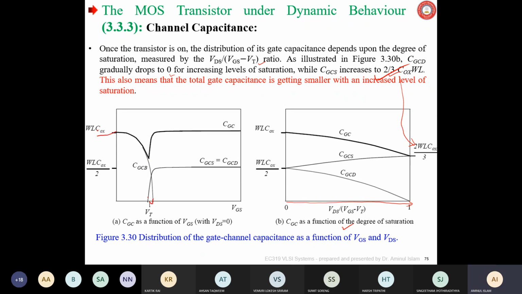This side is the accumulation region, when VGS is negative. Here it is 0; this side is negative. When VGS is 0 or negative, we get the maximum capacitance, that is gate to body capacitance, and then it gradually decreases. After that, when VGS increases, the total capacitance is more or less the same as in the accumulation region.